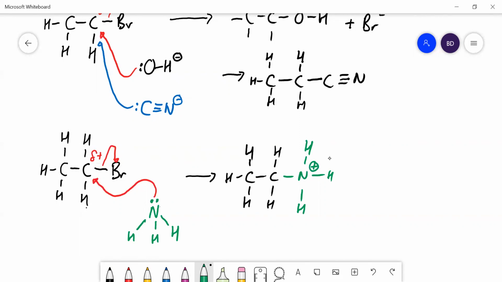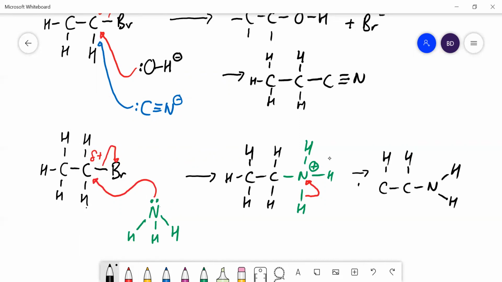And the final step is for one of these, the pair of electrons in the nitrogen hydrogen bond is going to go back into the nitrogen. It's going to become a lone pair instead of a bonding pair to give you the amine. Okay, so we've got just 2 hydrogens stuck to the nitrogen.